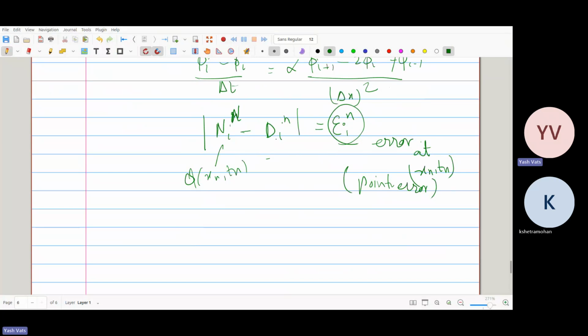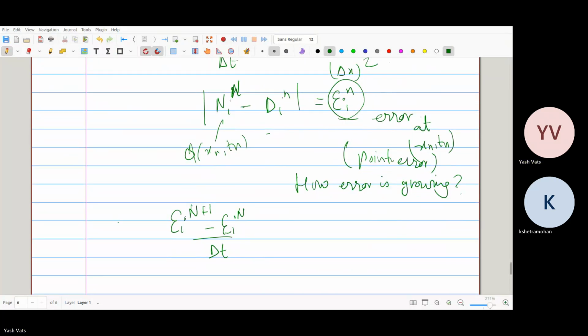If you look at how the error is growing, basically how the error is growing, just consider epsilon_i^(n+1) minus epsilon_i^n over delta t. We are checking in the time direction.